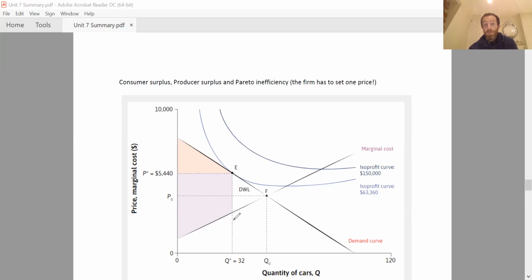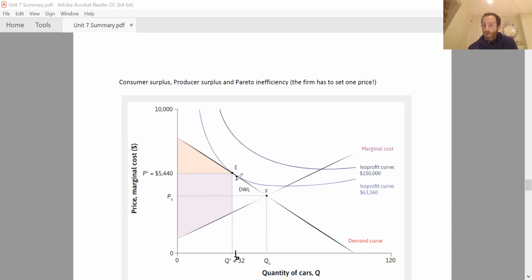But only, and this is really crucial, if they could change the rules and sell the cars at different prices to different consumers. If they could sell the 33rd car at this price here, lower than 5,440, then we have an extra consumer who is buying a car. That's a benefit for them. We have another consumer who's got a good that they want, so we're benefiting the consumer side.